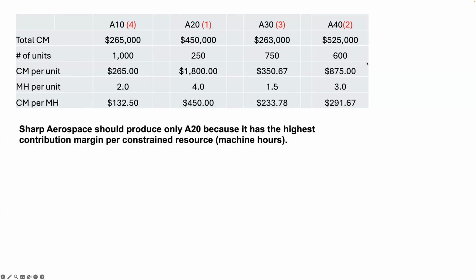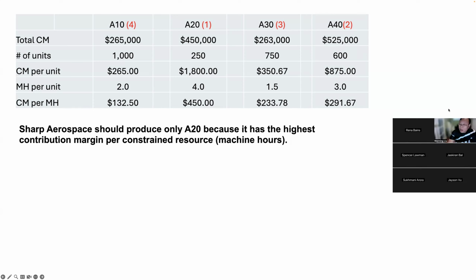If I can only manufacture one, I would pick A20 because for each machine hour, that's the limited resource, the contribution margin is $450. Okay, $450. So does this make sense?